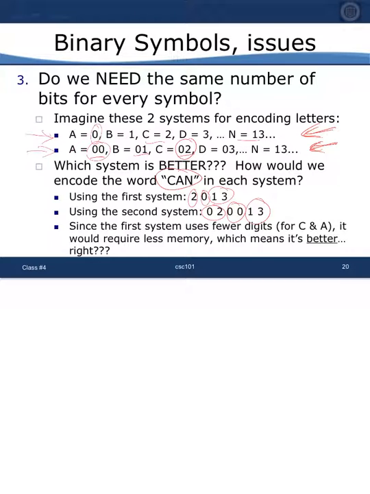In terms of what's better, on the one hand, shorter is better, right? Being as brief as possible, less memory, things like that. The first system uses fewer digits, especially for the C and the A, and so it would require less memory, that's true. So does this make it better?